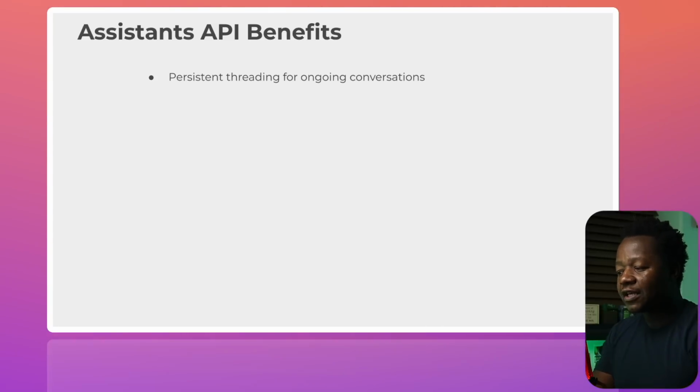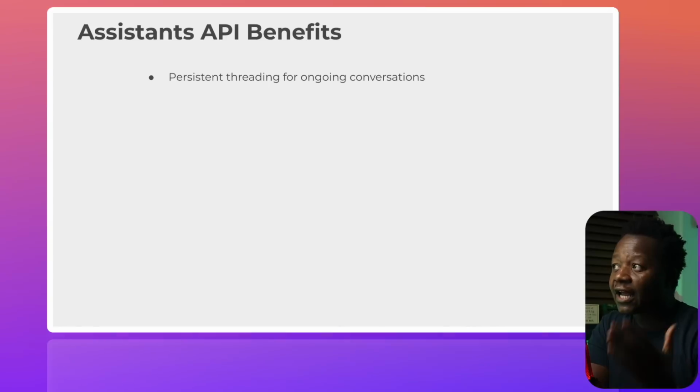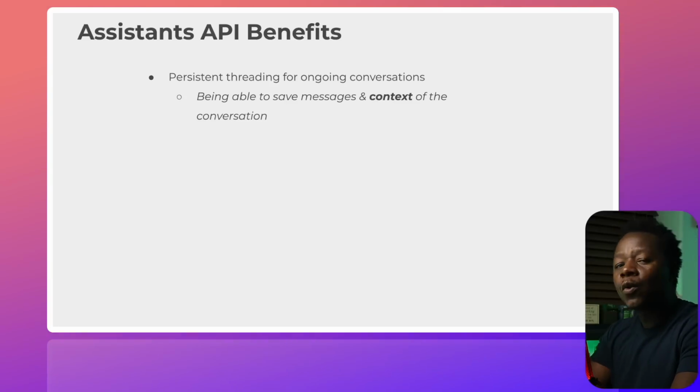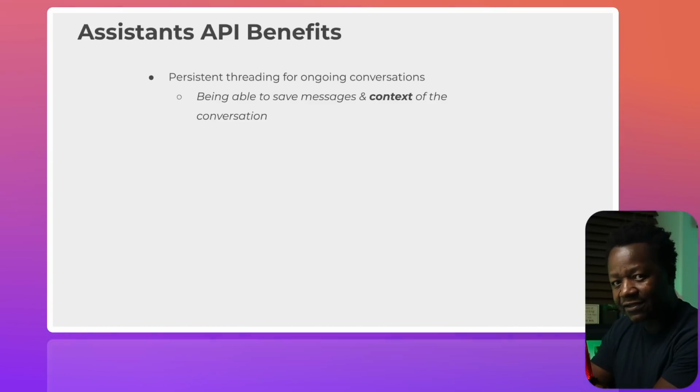So one thing to keep in mind when we talk about large language models is that by themselves, they don't have a state, which means they don't save the context of a conversation per se. Now with the Assistants API, we don't have that problem because there is this thing called persistent threading for ongoing conversation. What this means is now we're able to save messages and the context of those messages.